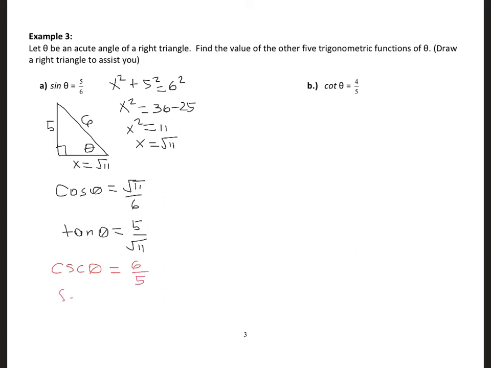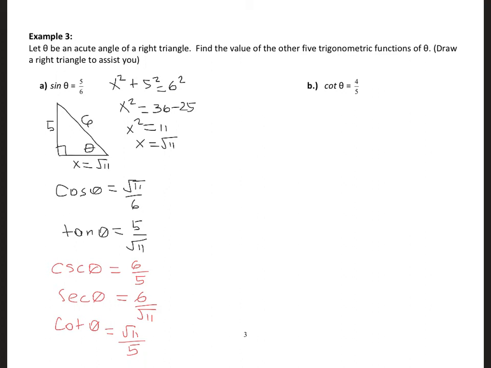Then the next one is secant of theta, which is the reciprocal of the cosine. That's going to be 6 over square root of 11. And then cotangent of theta is the reciprocal of tan, which is square root of 11 over 5.